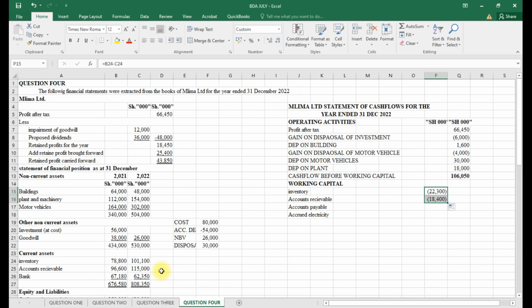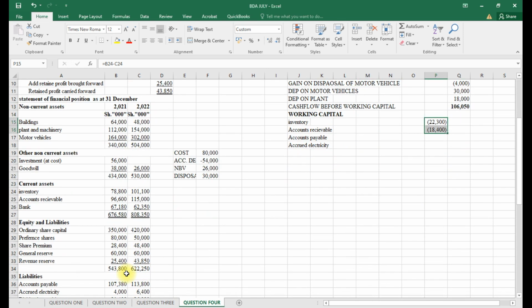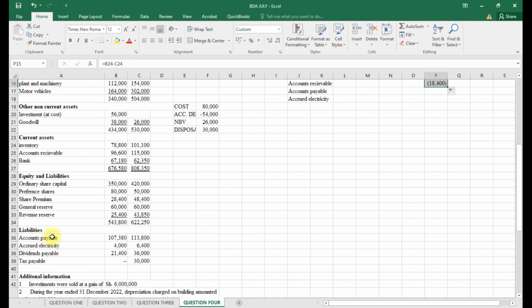It increased, yeah, by that. And the accounts payable, it will be the opposite. Look at the payable, it increased. An increase in payable becomes an income, because we are yet to pay. So we take the figure now at the end, and we minus the figure at the beginning. Yeah, and you drag the same for accrued.